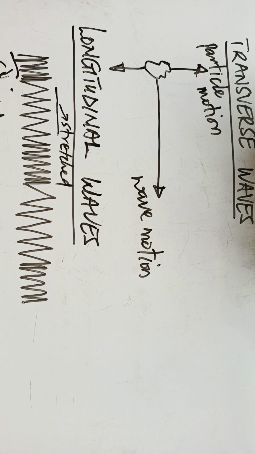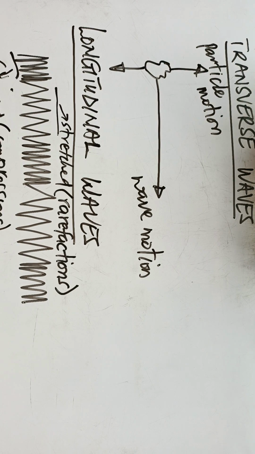The compressed parts are what we call the compressions, and the stretched out parts are what we call the rarefactions. As we can see in the diagram, the stretched out parts are our rarefactions and our compressed parts are our compressions. These are the terms used when describing longitudinal waves.